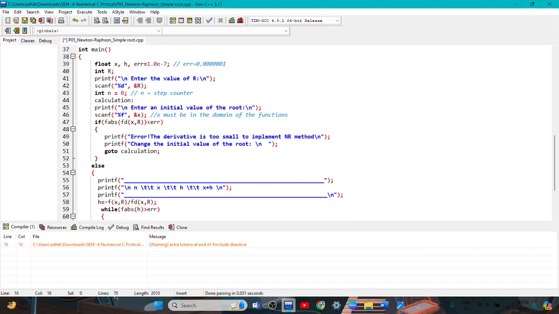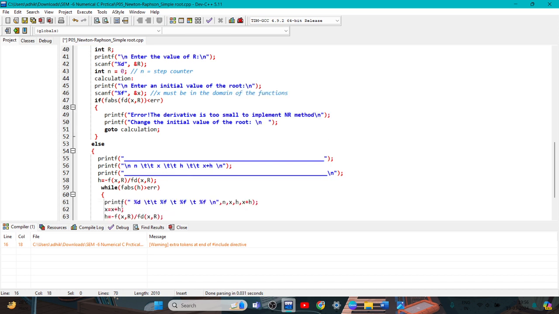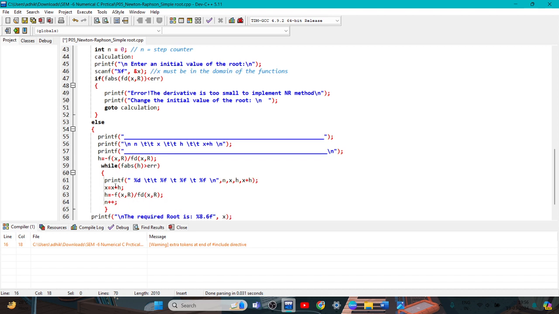Else printf, a straight line for decoration of this problem, and printf x, h, x plus h. H is minus f by f dash, this f(x) by fd(x). While the absolute value of h is greater than the error term, printf percentage d, percentage a, percentage a, percentage f.